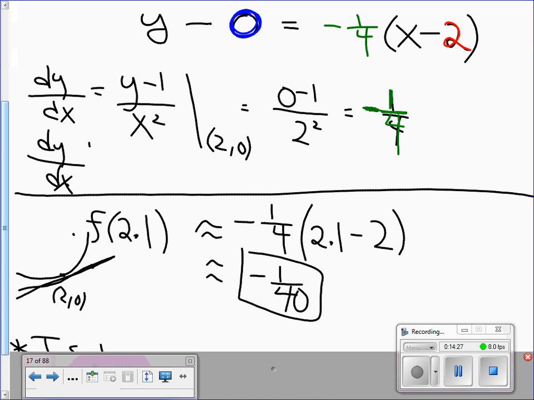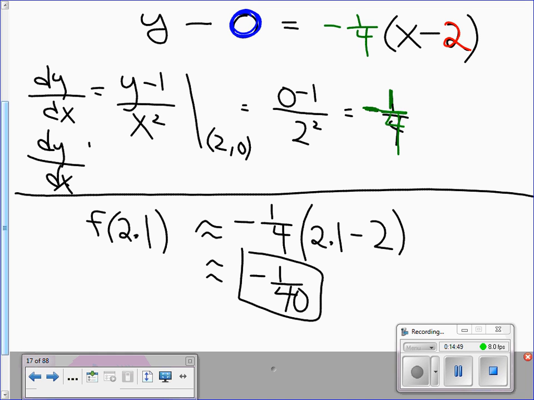That would be a bad approximation, because if you drew the tangent line when x was 2, and you went so far away, that tangent line and the graph are not going to be near each other anymore, so that would be bad. That's correct, 0.025. Okay. So, writing the equation of a tangent line.